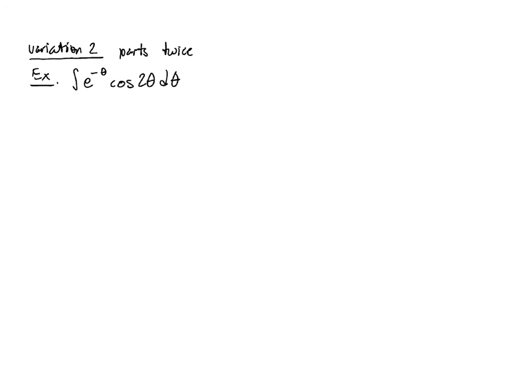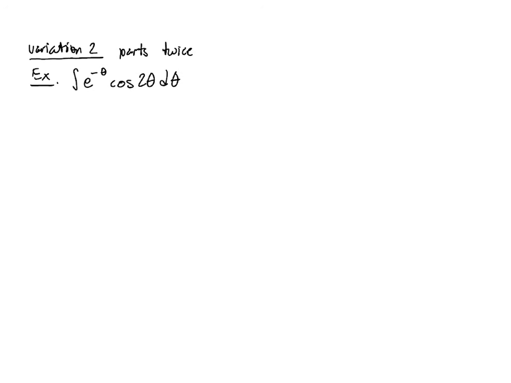Cosine 2 theta, I'm just going to keep getting sine 2 theta, cosine 2 theta with some coefficients in front. So I'm not getting a simplified integral from this technique. But we're going to see how, when we do integration by parts twice, we can actually solve this problem.